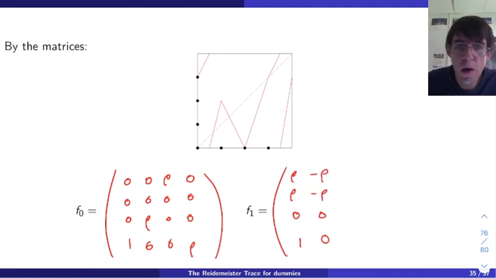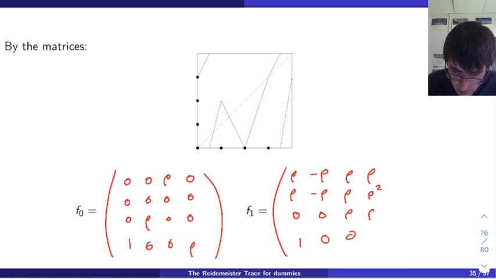All right, the next one, this one hits all three of the first edges with one wrap. So this is rho, rho, rho, 0. And then finally, the end, it hits this one with a rho, and then all the other ones with a rho squared. So like this, rho squared, rho squared, rho squared.